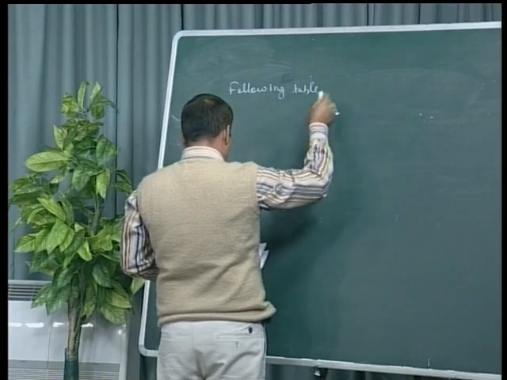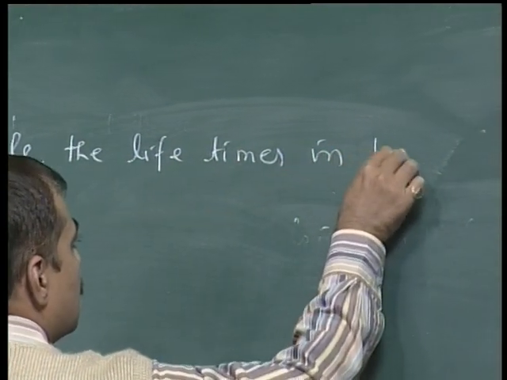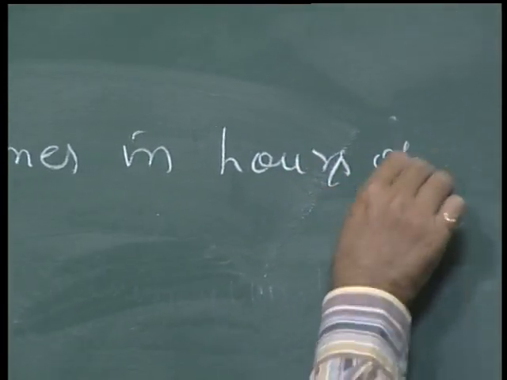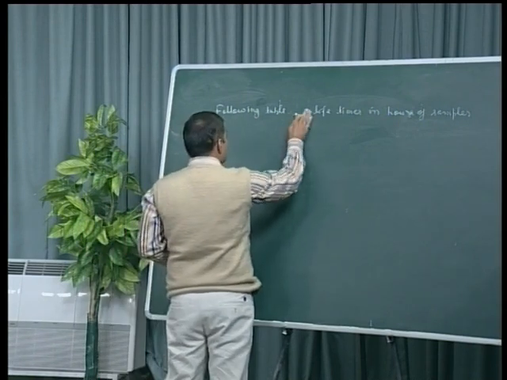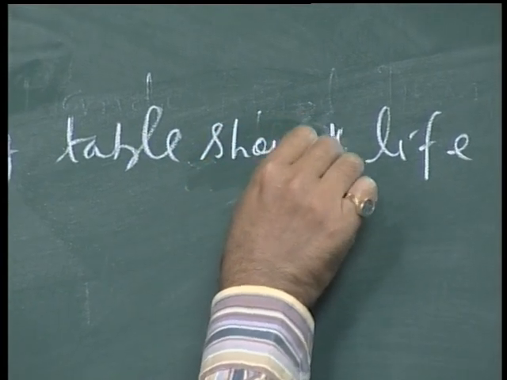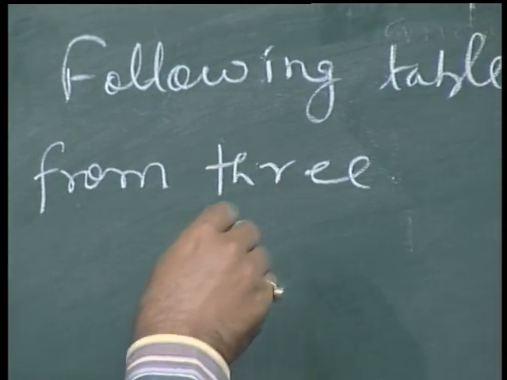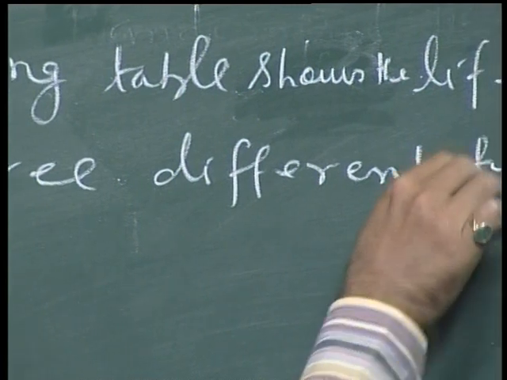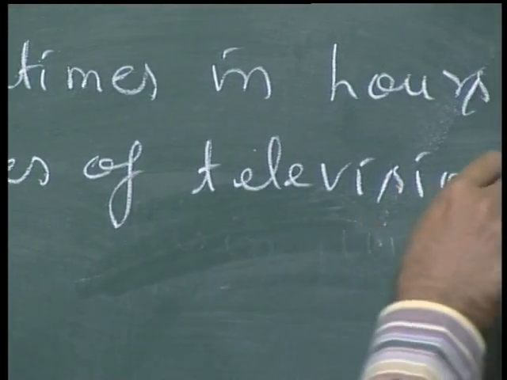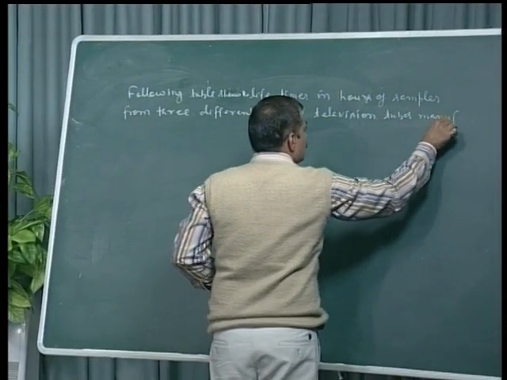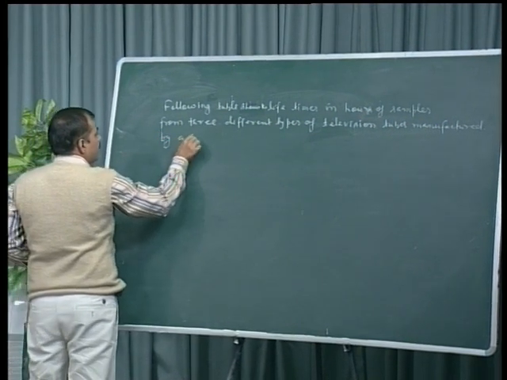Another example: the following table shows the lifetimes in hours of samples from three different types of television tubes manufactured by a company.